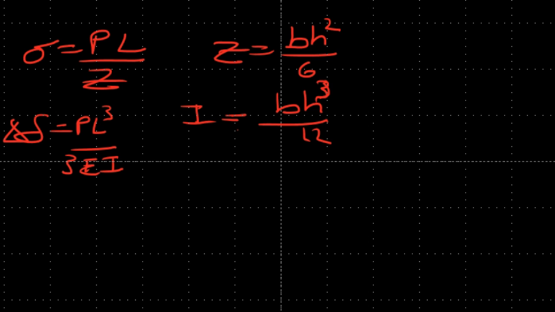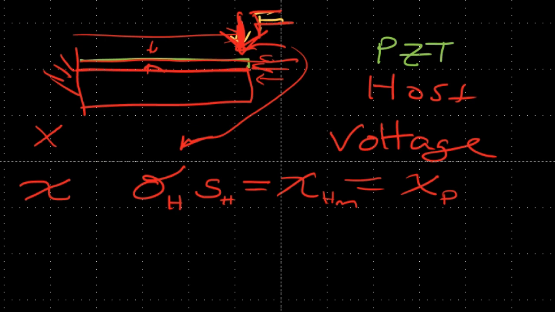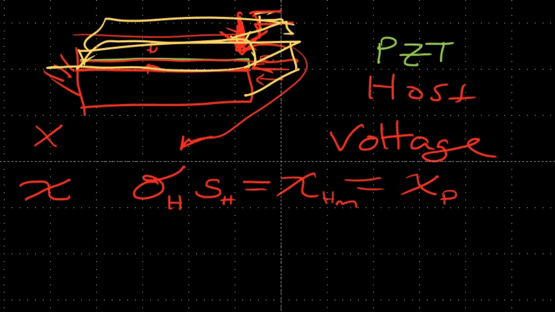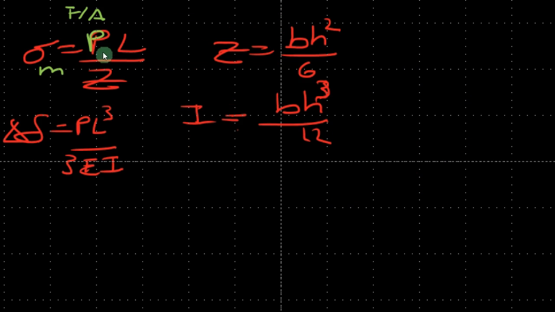Okay, so here are some equations describing what's happening. The maximum stress is going to be the pressure at the end. So what's pressure? Pressure is force divided by area. We assume that this cantilever has some 3D depth. It's not really going to matter in the end for the voltage, but in a real problem you might consider this 3D depth. So there's force over area.